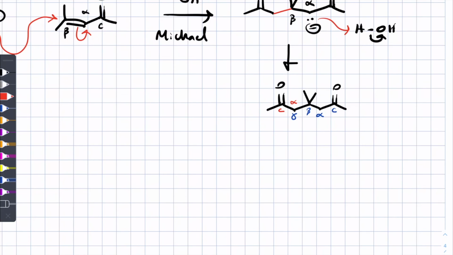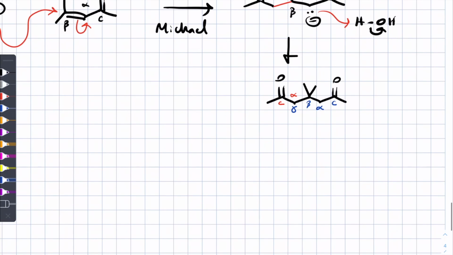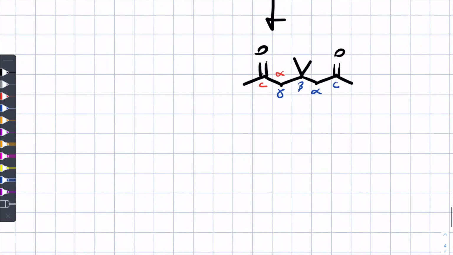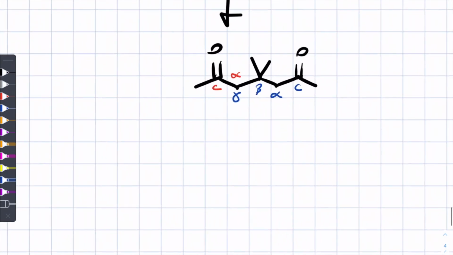It's a 1,5 dicarbonyl compound, but at this stage we don't need to worry about who attacks whom, because really these 2 carbonyls are equivalent, as are these 2 alpha carbons on the end. If we removed the blue alpha proton and had it attack the red carbonyl carbon, that would be a 1, 2, 3, 4-membered ring.